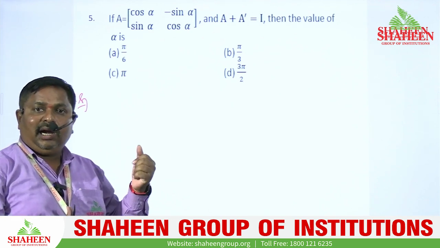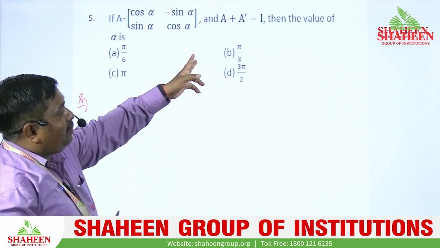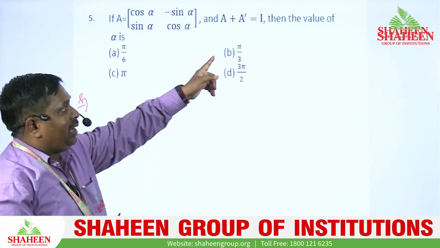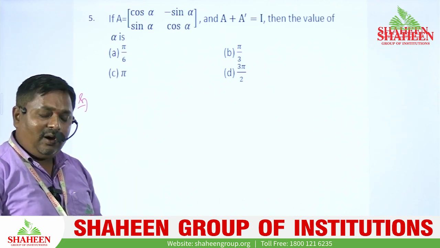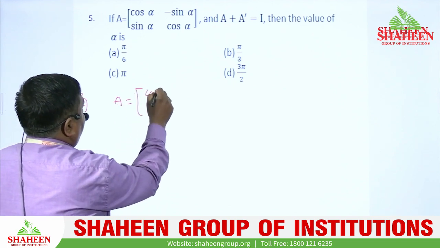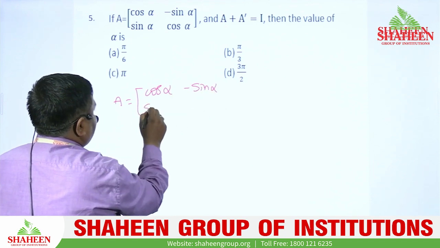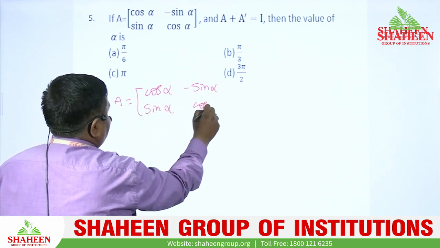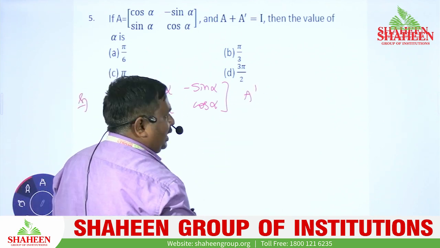So the sum of these two matrices is equal to I, and we are finding the alpha value. We know that matrix A is cos alpha, minus sin alpha, and sin alpha, cos alpha. This is matrix A.